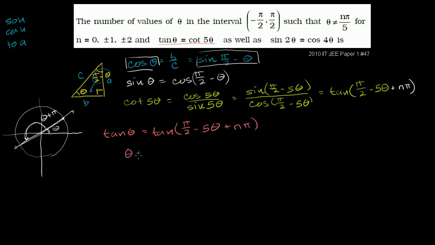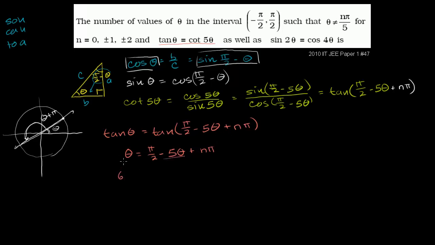So we get theta is equal to pi over 2 minus 5 theta plus n pi. Or at minimum, when you take the tangent of this, it's equal to the tangent of either the same thing, or we could add multiples of pi to it. You could view it as either way. But now we just have to solve this. We could add 5 theta to both sides of this equation.